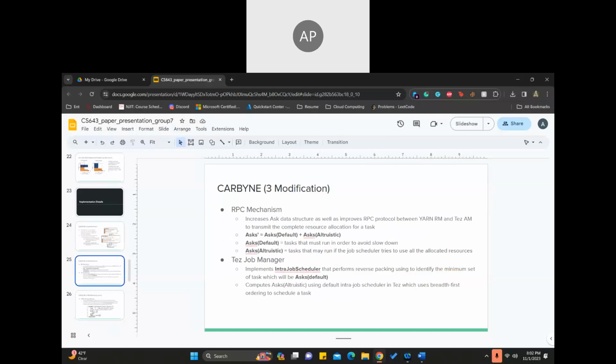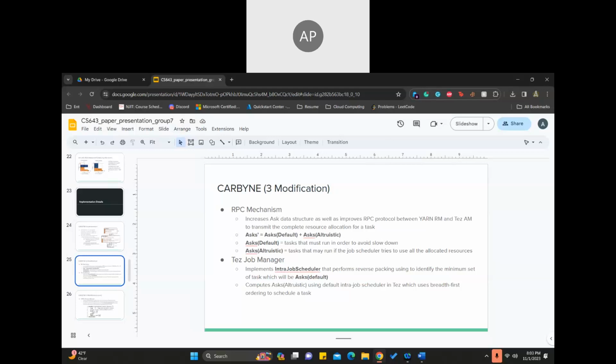There are three modifications we have to make in the architecture. The first is the RPC mechanism, to improve the ask data structure as well as improve the protocol between YARN RM and TEZ AM to transmit the complete resource allocation for a task.